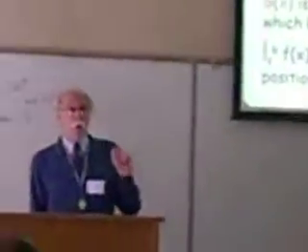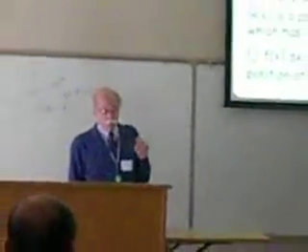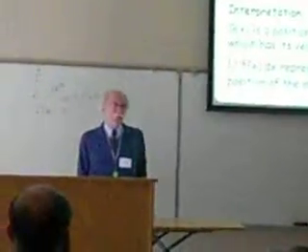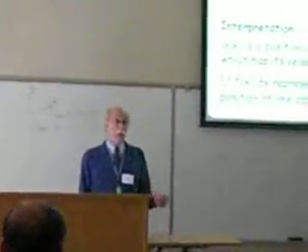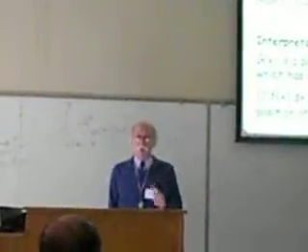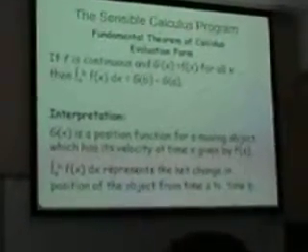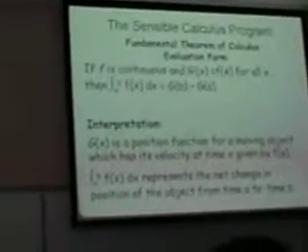So we're going to get an interpretation for the definite integral. This is crucial. The definite integral from a to b represents the net change in the position of the object from time a to time b. So when we get to the definition of the definite integral, that should be the first thing we think about. Oh, the definite integral comes with an interpretation that says it's the net change in position.